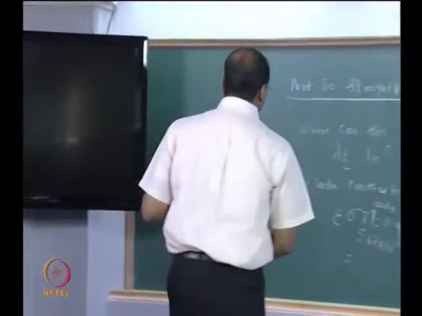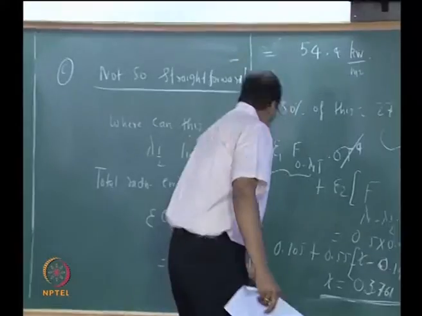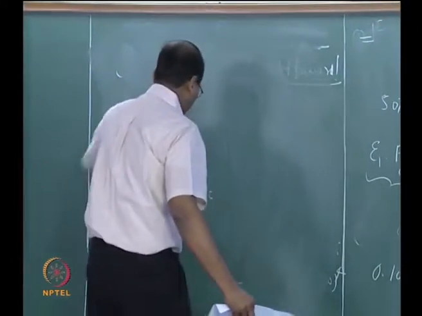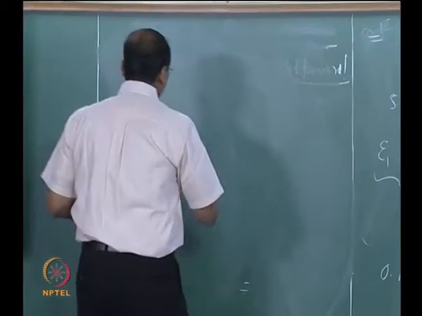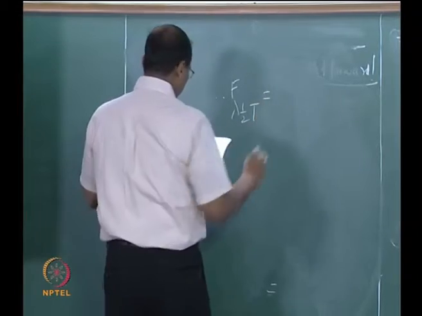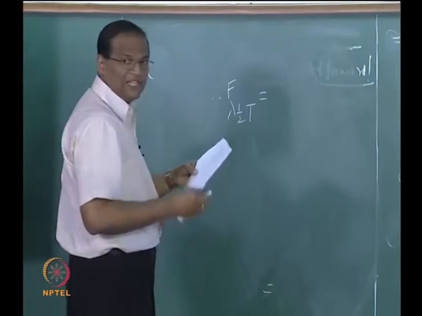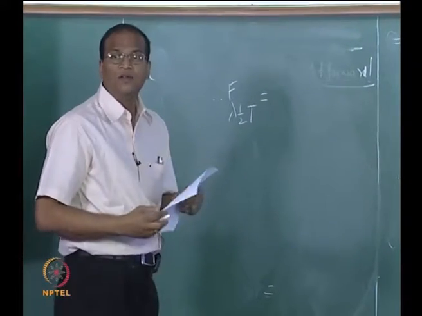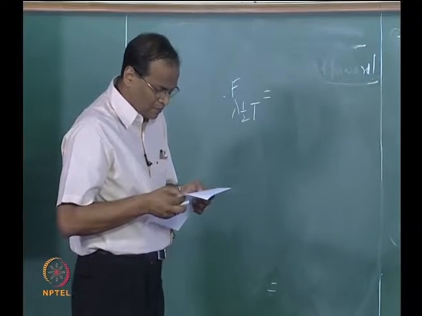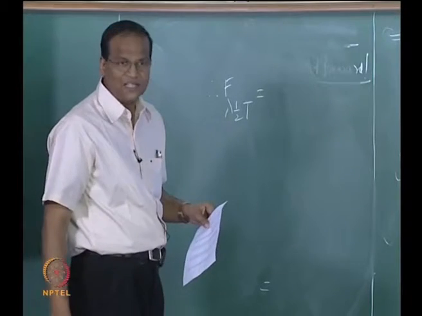So what should be the answer? Equal to 3000, what is it? 3468.